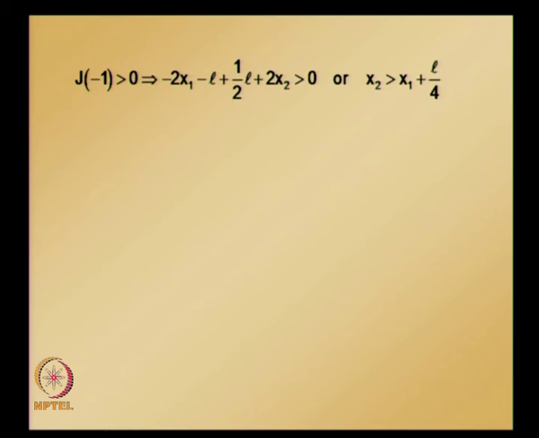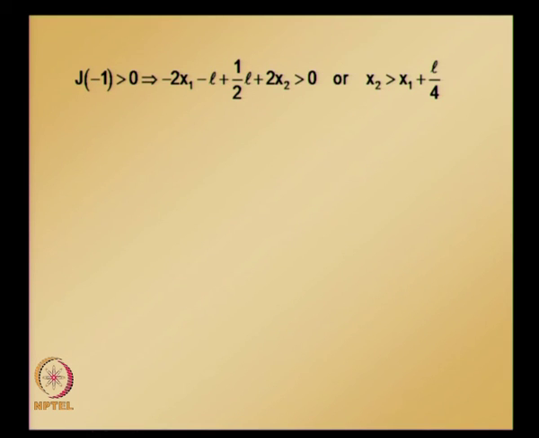Substituting the condition that J evaluated at s equal to minus 1 should be greater than 0, after simplification we get x2 should be greater than x1 plus L over 4.